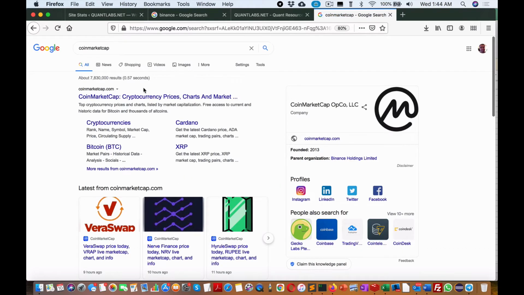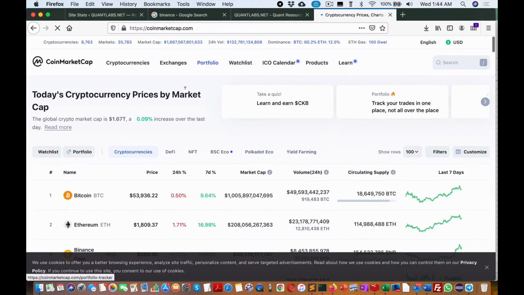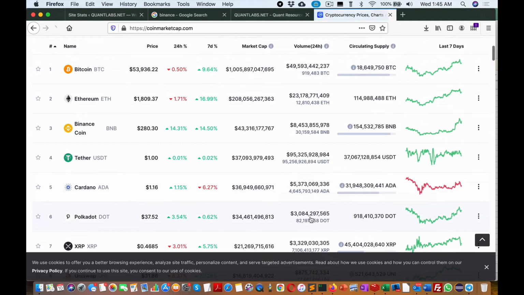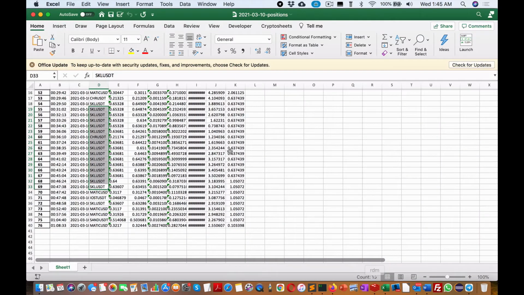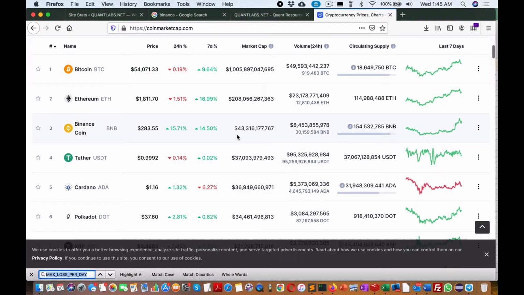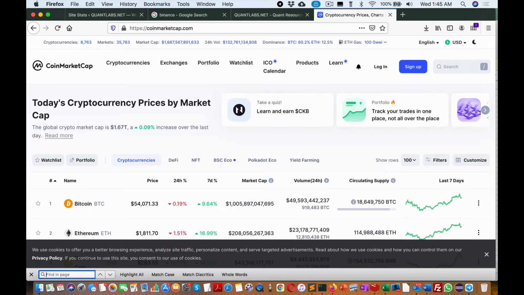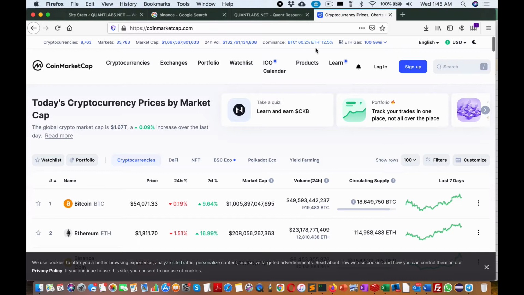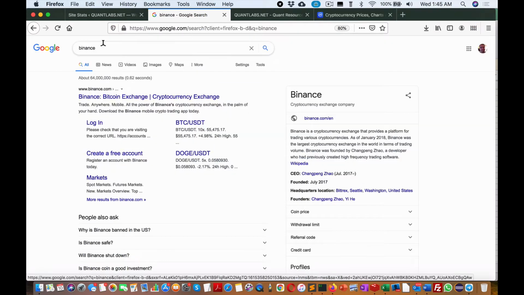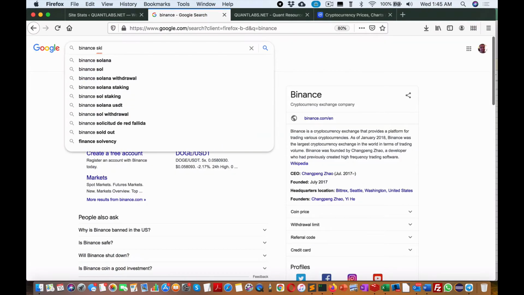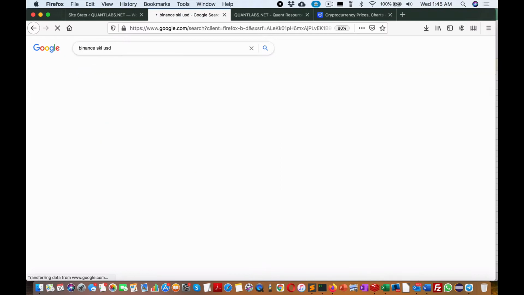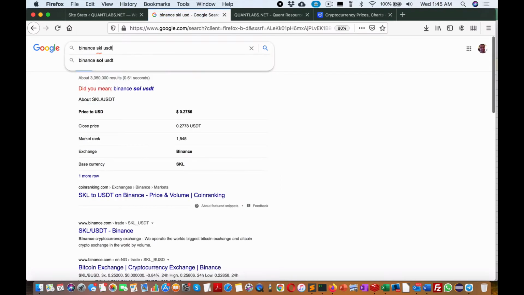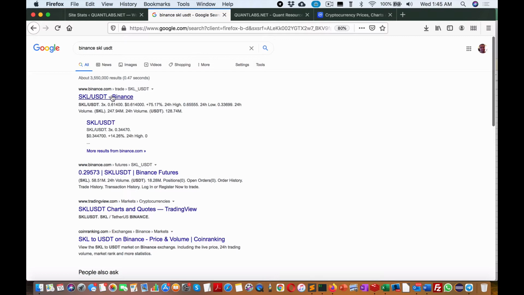So when I look at CoinMarketCap for that particular coin, SKL, I'm going to do a search for SKL USDT on Binance here. So this is the coin that moved a lot.